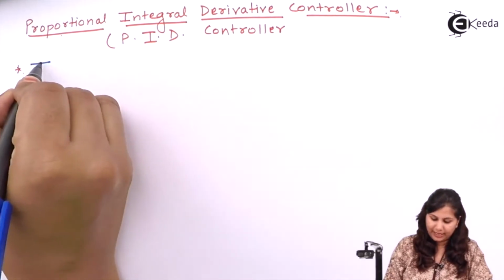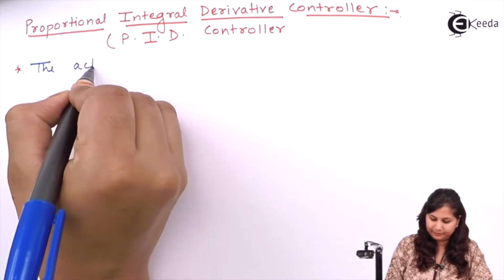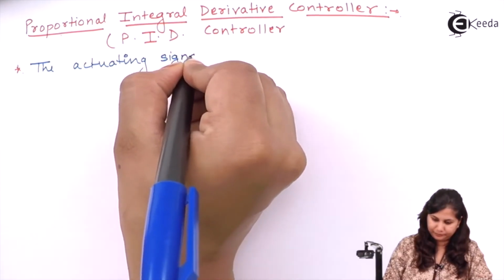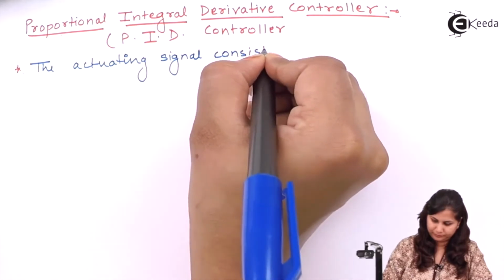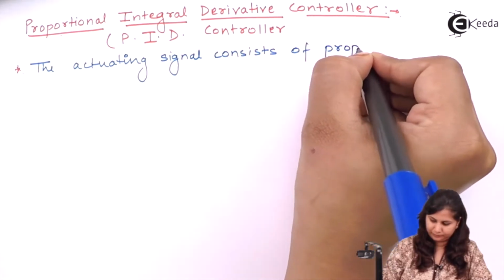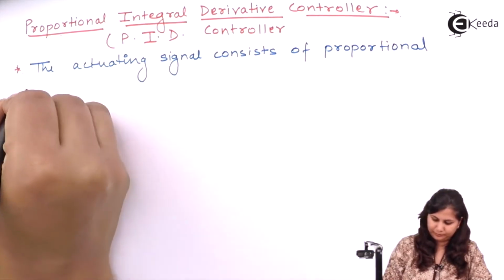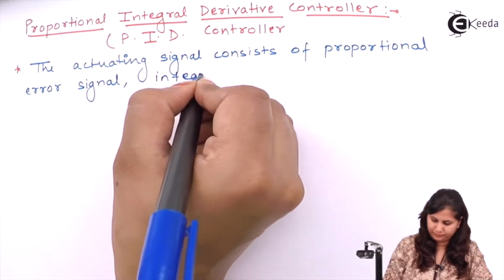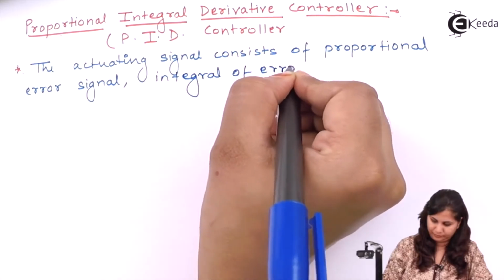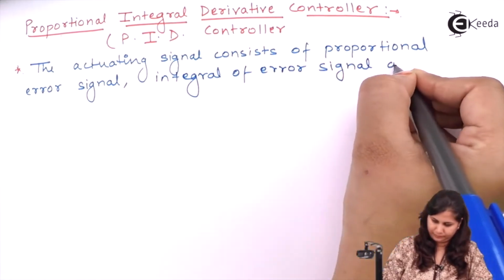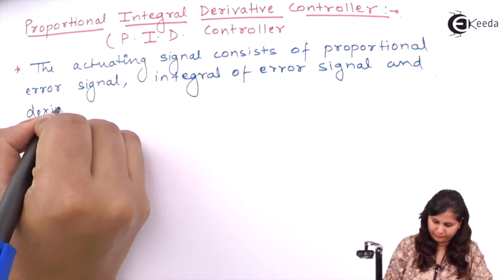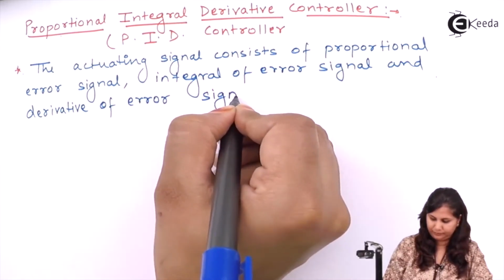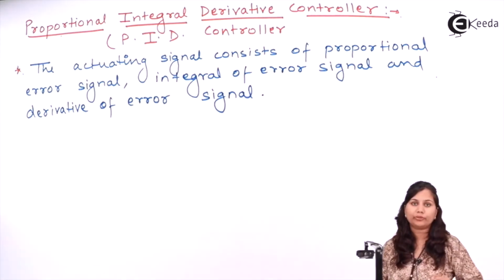So we can say that the actuating signal is the sum of three terms.